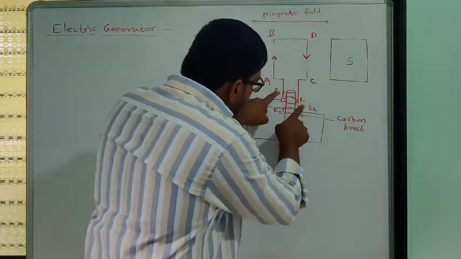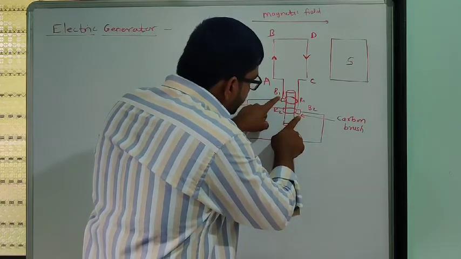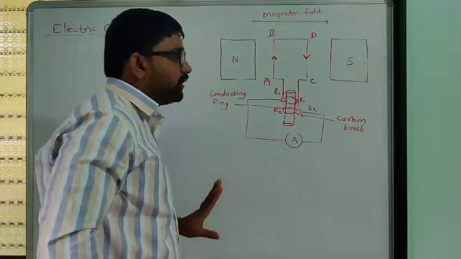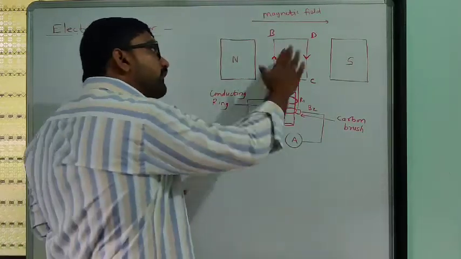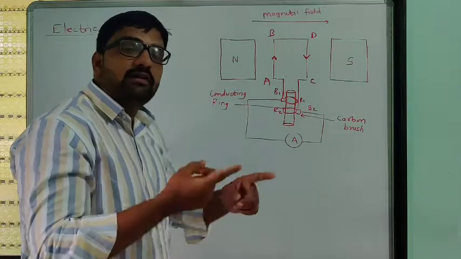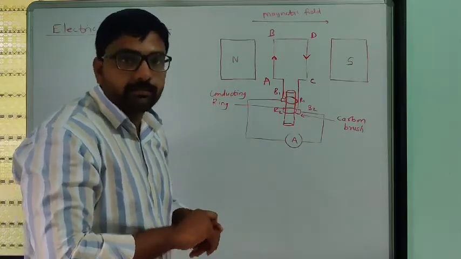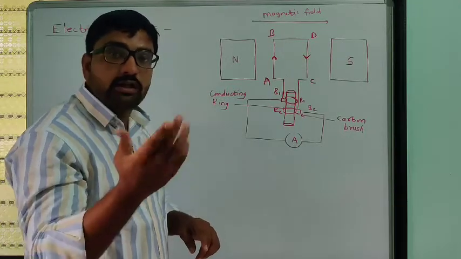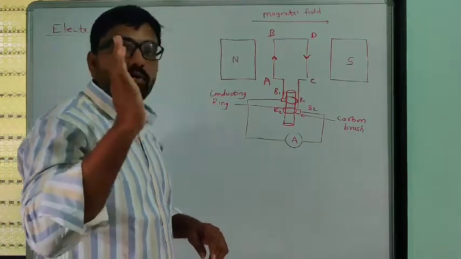These two branches are connected to two separate carbon brushes, and we connect this to the ammeter. So after each half rotation, the direction of current goes on changing.